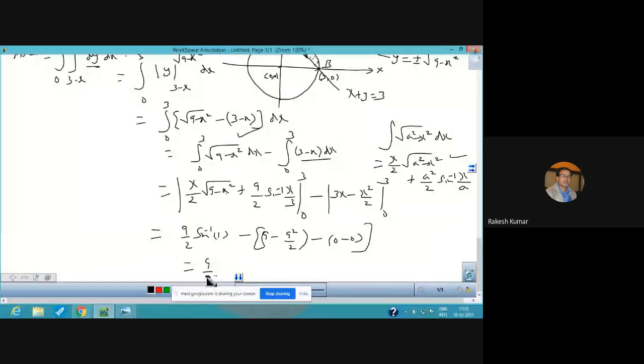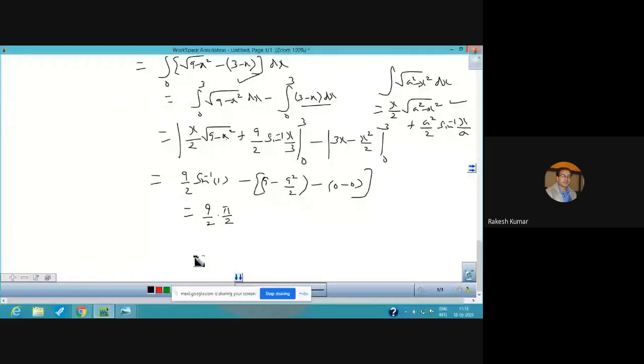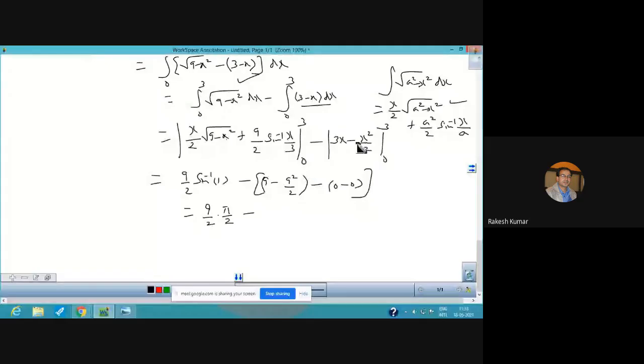Now this is 9 by 2 here, and the sine inverse 1 is pi by 2, because sine gives you one value at theta is equal to pi by 2. Sorry, you have to put a 3 square here, not 9 square. So rectify this, you will have 3 square here.